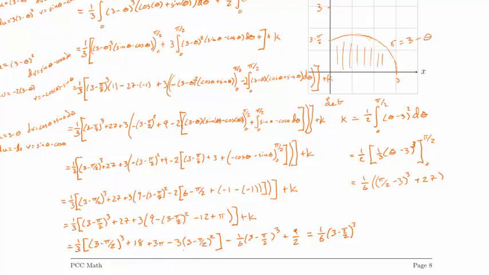I want to do the (3 - π/2)² term real quick. So that times 1/3 is minus (3 - π/2)². And then the π term here is plus π. And then my constant: 18 over 3 is 6, plus 9 halves is 12 plus 9 is 21 halves.